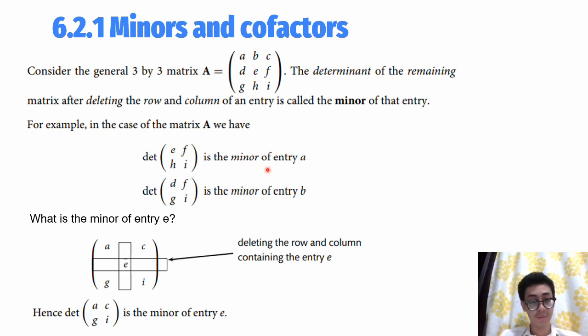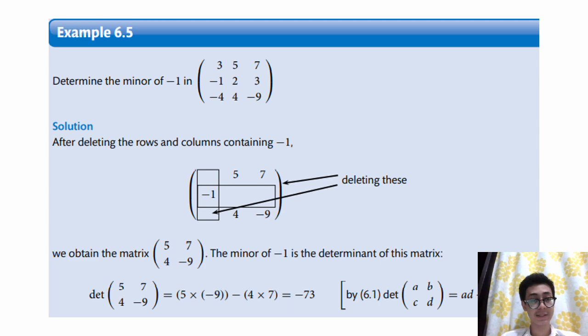If we ask the minor of entry A, so we eliminate the same row, like B and C, and D and G. So we take the E, F, H, I. Same as B, so we delete A and C, A and H. Then we take D with G, F with I. This is the example.